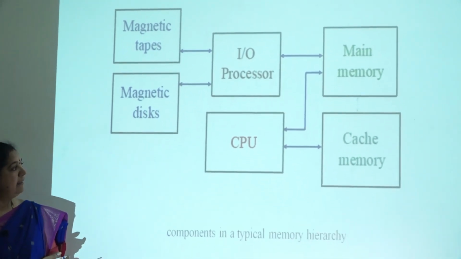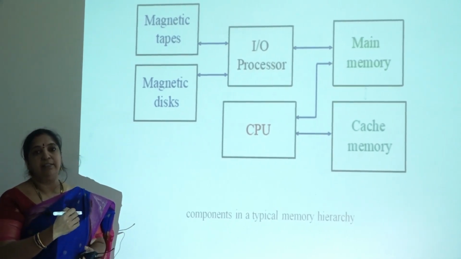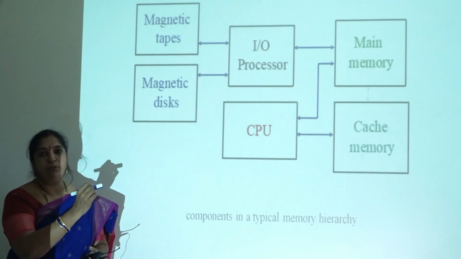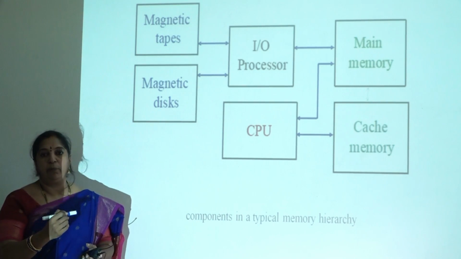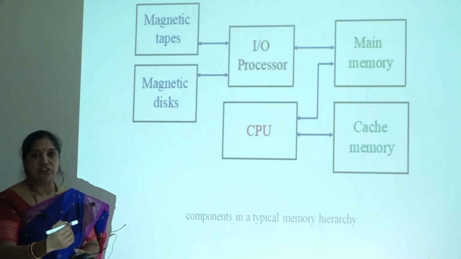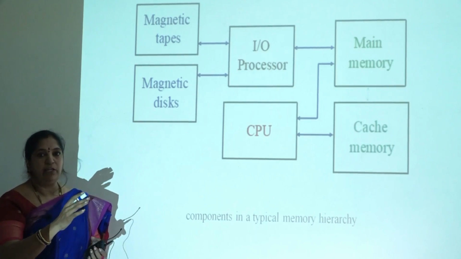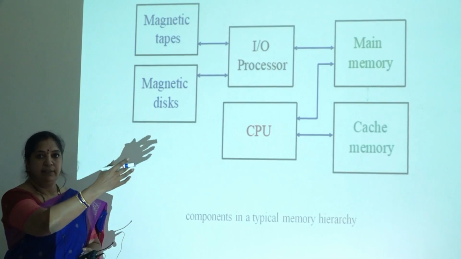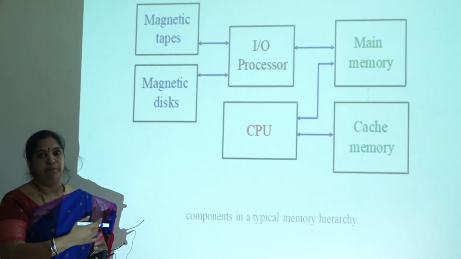From the starting classes we have been discussing that the CPU can directly interact with only main memory. When you want to execute a program, the set of instructions, that means the program, and all the related data should be available in main memory. Then only the processor can take that content for execution.